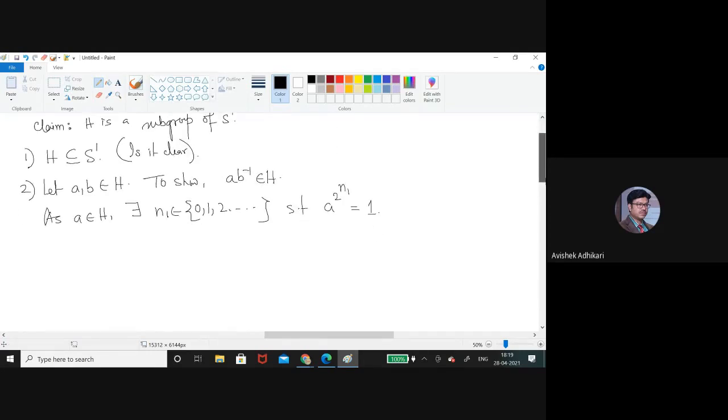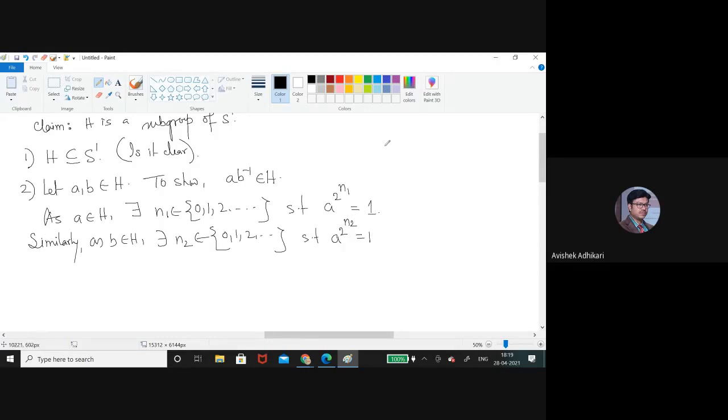Similarly, as b belongs to H, there exists n2 belonging to 0, 1, 2, and so on, such that b to the power 2 to the power n2 equal to 1.